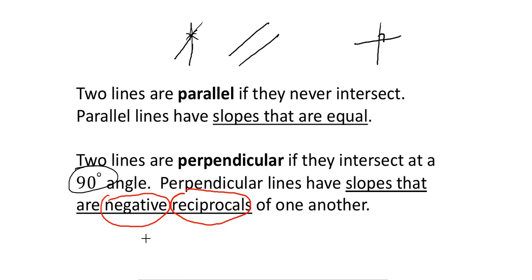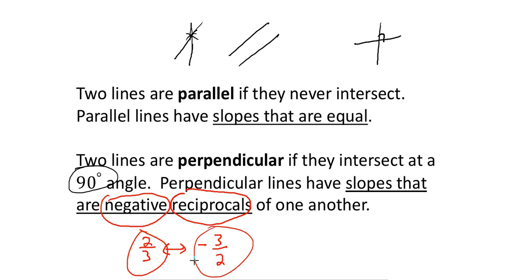So for example, if I have 2/3, the negative reciprocal of that, I would need to take the reciprocal, which would be 3/2, but the negative of that would mean opposite sign, so I get -3/2. So these numbers are negative reciprocals of each other. They're opposite sign, and they are flipped over versions of one another. 2/3 versus 3/2. So if you have 2 lines with these two slopes, those lines will be perpendicular. They will cross each other at a 90-degree angle.